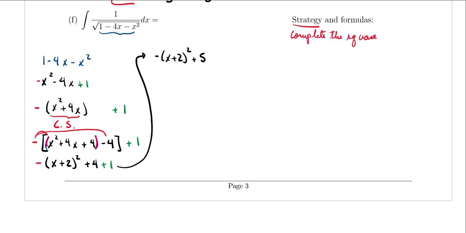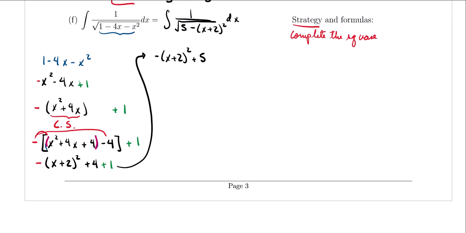Now, with this new form, I'm going to rewrite the integral as the integral of 1 over the square root of, and for this one I'm going to switch the order a little bit, 5 minus x plus 2 squared dx. Now that we're left with this new form of the integral, what can we do?